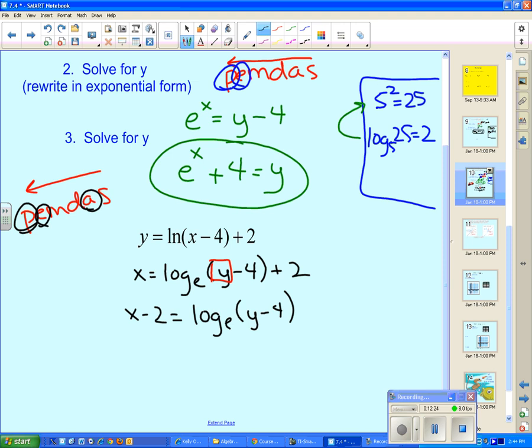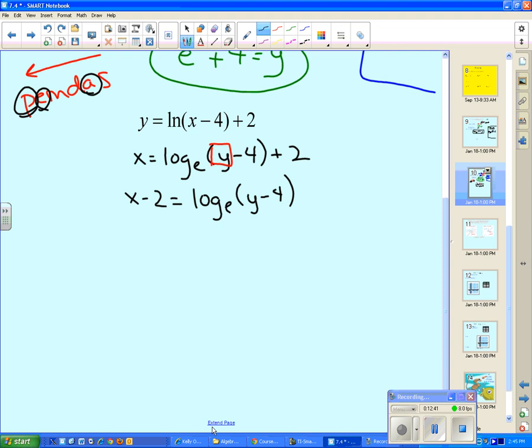Then I'm going to move the exponent, which basically means I need to get rid of the log. Rewrite it in the other form. Rewrite it in exponential notation. Okay, so this looks a little tricky, but if you can remember every single time that the base in your log is the base in your power, I have e to the x minus 2, that whole thing is going to be your exponent, equals y minus 4.